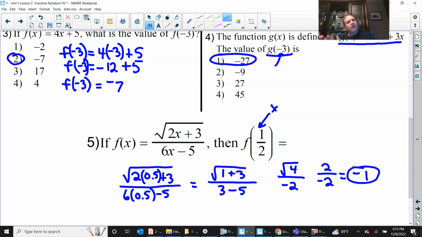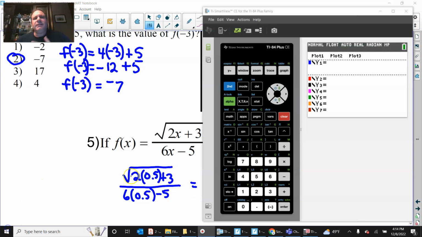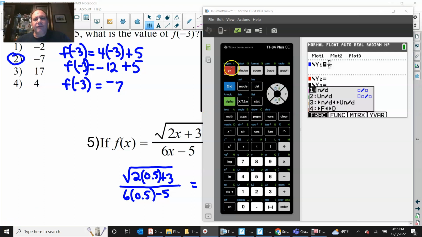Just slowly going through. Remember, you're allowed to change a half to a 0.5. Make it easier for yourself. I did that without a calculator. So how do you put this in a calculator and get your answer? Because it's a half. So let's concentrate on the function itself. This is alpha x, and then that'll bring up the fraction symbol. You could also go to alpha y, and that'll bring up the fraction symbol as well.